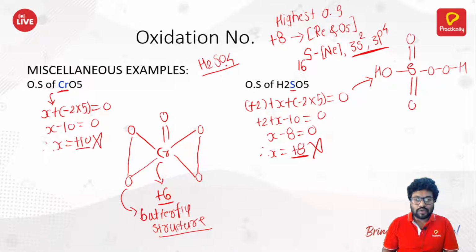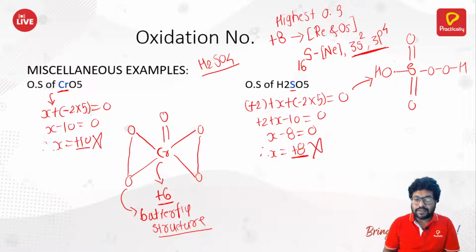So H2SO4, and this is H2SO5. So you have one oxygen atom extra, and that oxygen atom is present as a peroxide linkage. You can look at it here. This is the peroxide linkage, and that is why H2SO5 is called peroxymonosulfuric acid.